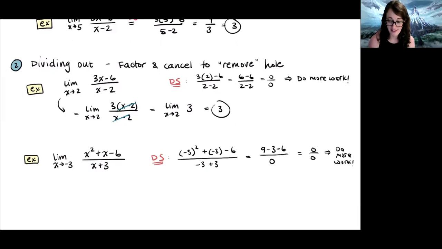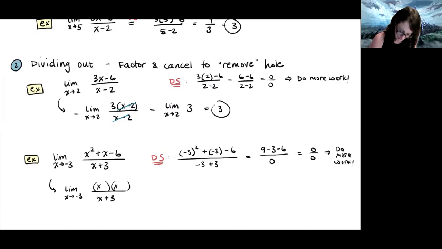The work to do in this case is going to be factoring, right? Because we have this polynomial up top, polynomial on the bottom. We've got a hole that we can hopefully cancel out. The bottom is nice and factored.